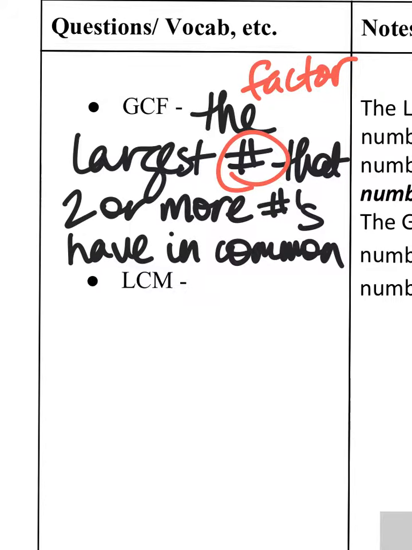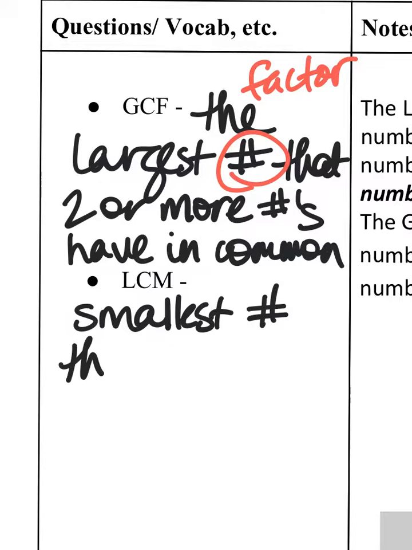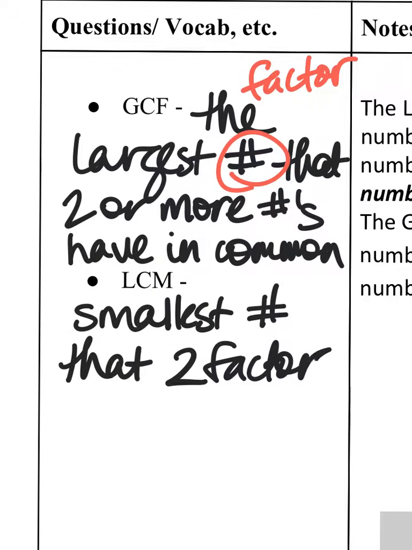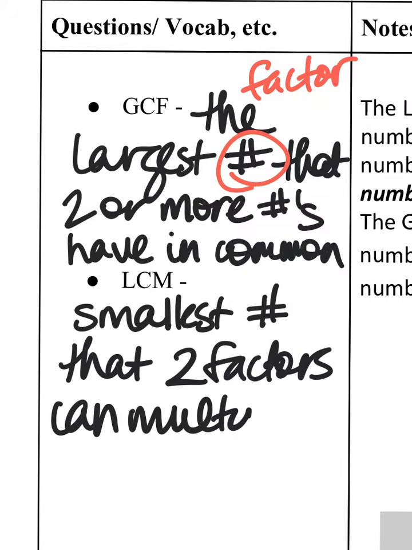The LCM, or least common multiple, is the smallest number that two factors can multiply into.